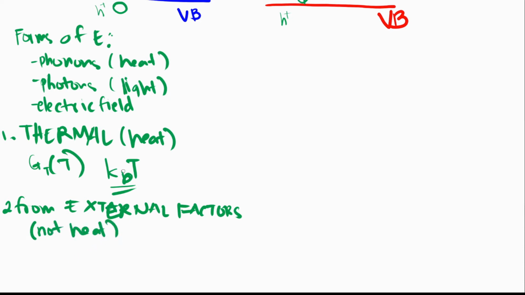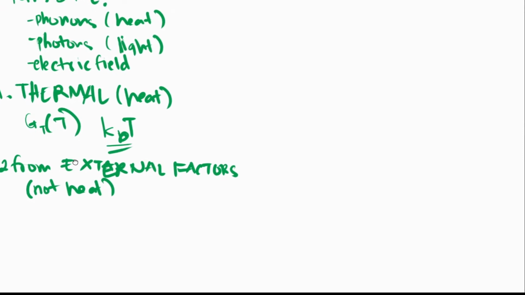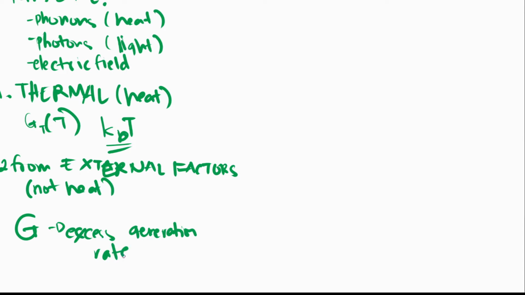This might be light, this might be an electric field, this might be other things, such as chemical stimuli and so on. This process only occurs under non-equilibrium conditions, and we denote this by G, without a subscript, and this is your excess generation rate. These factors, G_T and G, just tell us how fast electrons are being injected into our system.